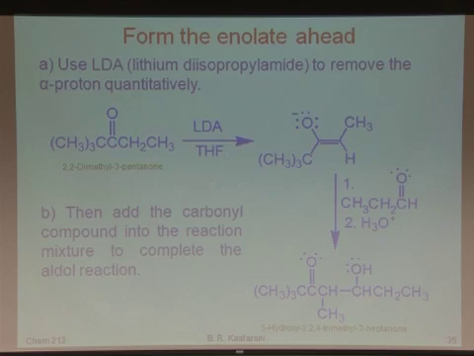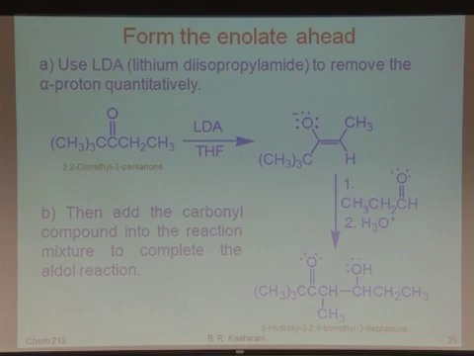Okay, another very interesting approach to form a mixed aldol condensation is to take a ketone and form the enolate quantitatively. Then you just drop an aldehyde on it.